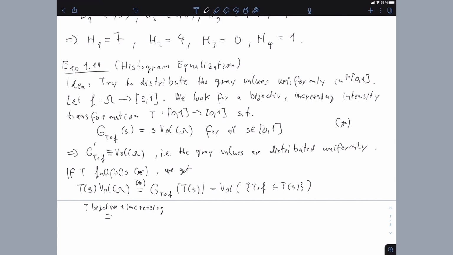Because since T is bijective and increasing, I can just cancel the T on both sides of the condition. So if at some point this holds, it also will without T, and vice versa. So this is the same as volume where F is equal to S. And this is GF of S, just by definition.